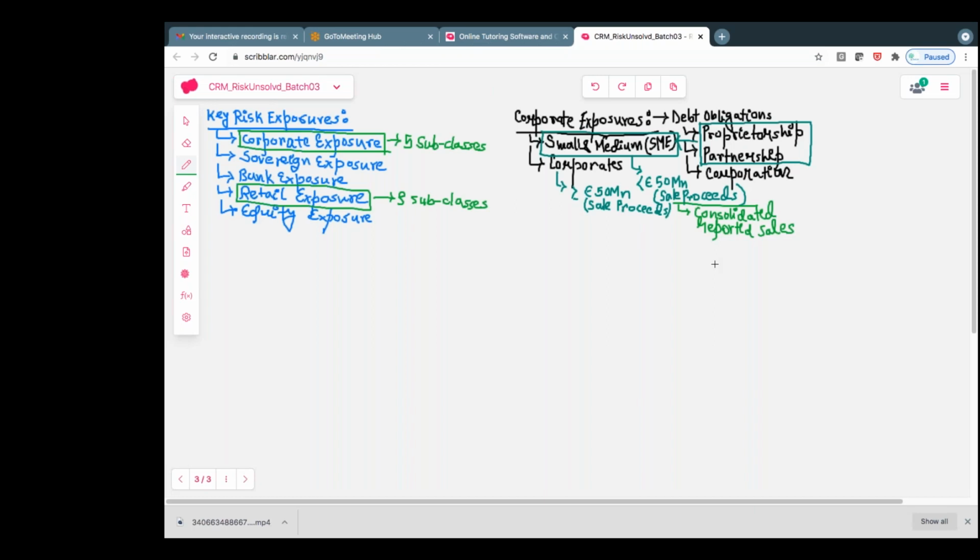So when I talk about the sales proceeds, what I'm essentially talking about is the consolidated reported sales of the entity.